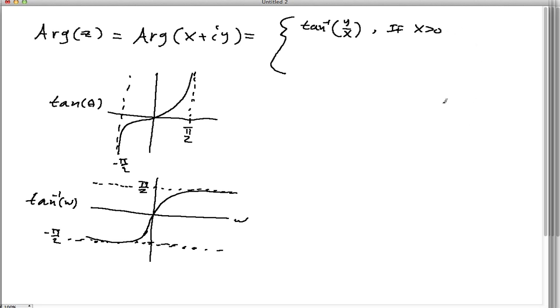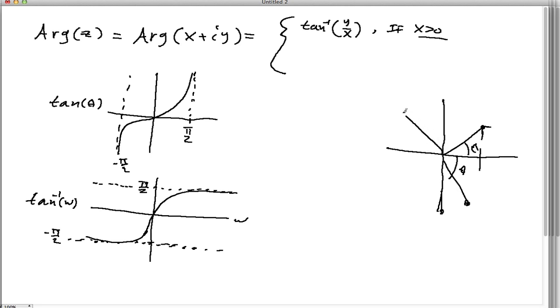Anytime we have a complex number in the x greater than 0 side, the right half of the complex plane, we're between the angles of pi over 2 and negative pi over 2. That works for y's that are positive, but also for other values here. So that gives that angle, or this angle here.